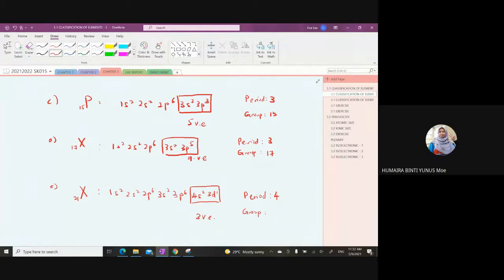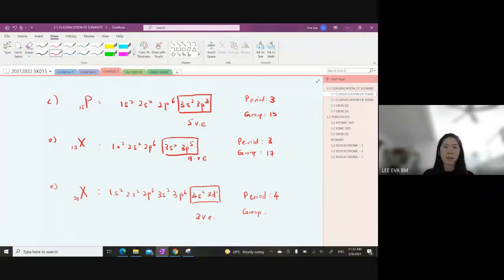But is it from group 3 or group 13? Group 3. Why group 3? Transition element, because you see something different. You see 4s and 3d. Some complication. Therefore, when it comes to 4s, 3d, or maybe 5s, 4d, or maybe 6s, 5d, and so on, it means it comes from your transition element. And this comes from group 3 until group 12.